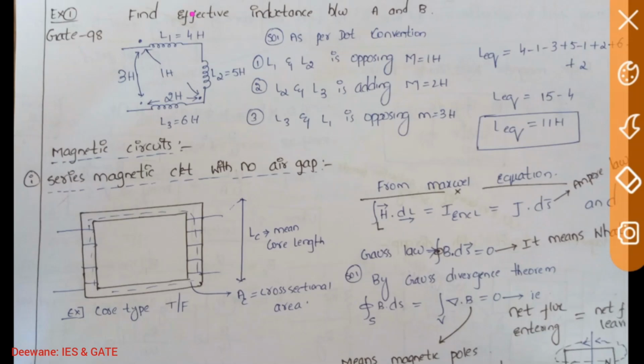L1 L2 opposing, minus 1; L1 L3 opposing, minus 3. Next L2, 5 Henry; L2 L3 positive. Then L3; L3 L1 negative, L3 L2 positive. If you write it like this, you will get 11 Henry. So it becomes very easy once you know the concept.